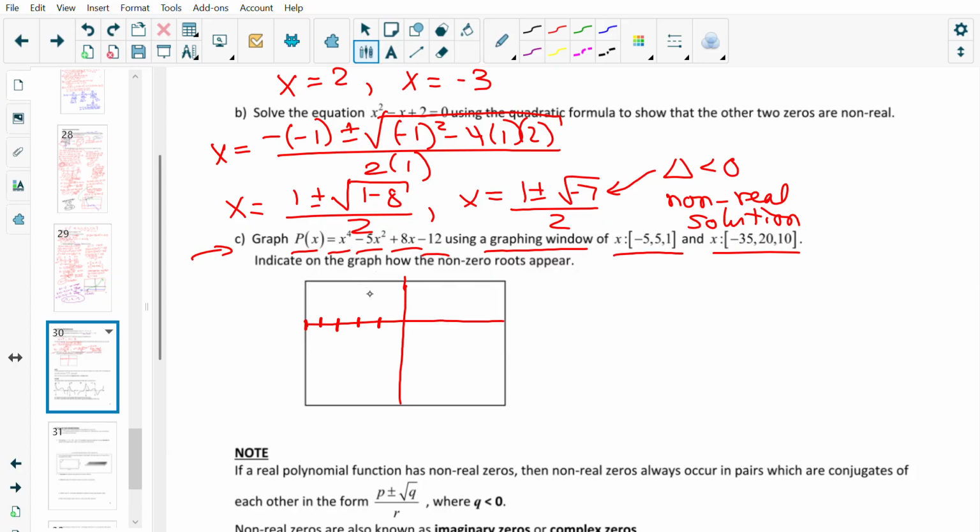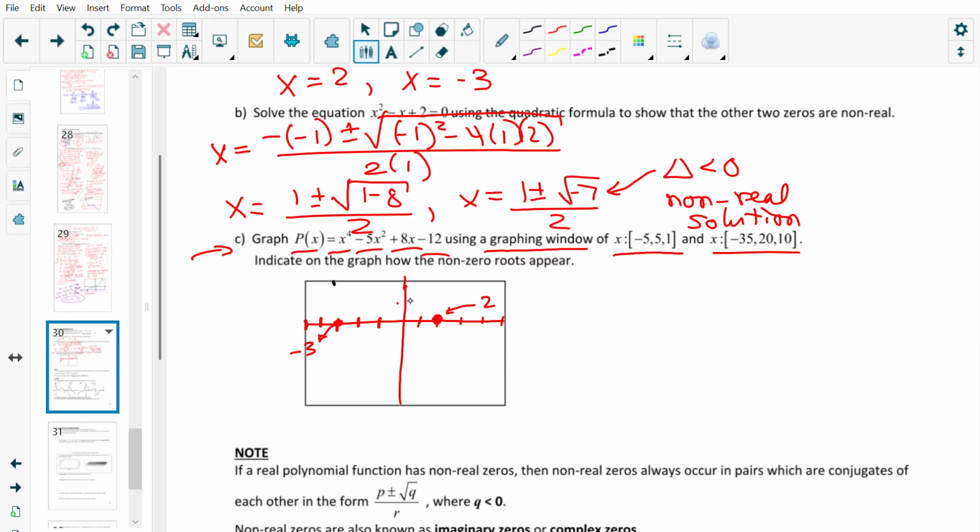So there's my window of -5. And then -3 is right there. Okay. And then my window of +5, 1, 2, 3, 4, 5. And that's my 0 of 2. So each multiplicity 1. Okay, when I graph this, what does it look like?